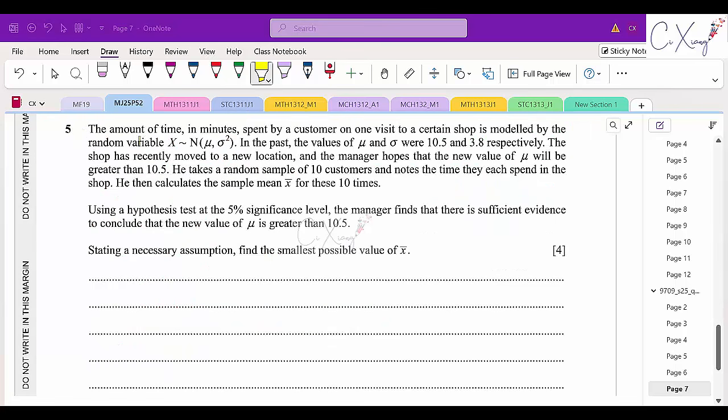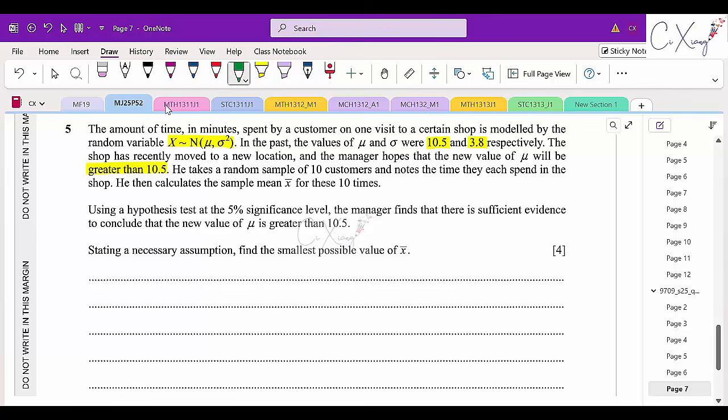Okay, question number 5. The amount of time in minutes spent by a customer on one visit to a certain shop is modeled by a random variable X, which is normally distributed. In the past, the mu and also the sigma were given as 10.5 and 3.8. The shop has recently moved to a new location, and the manager hopes that the new value of mu will be greater than 10.5.